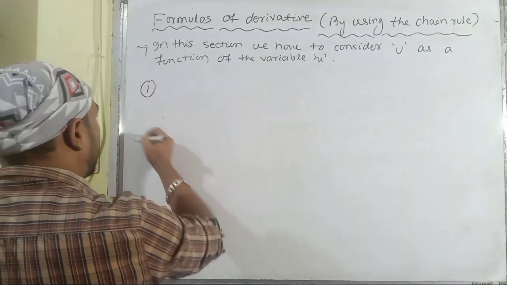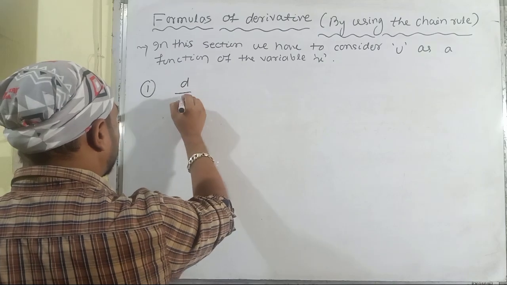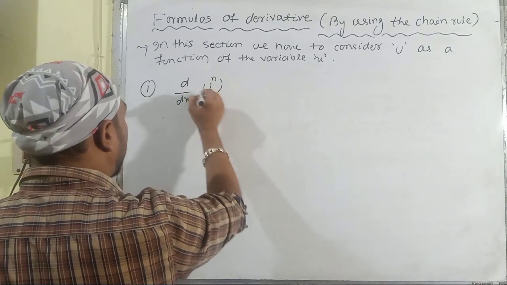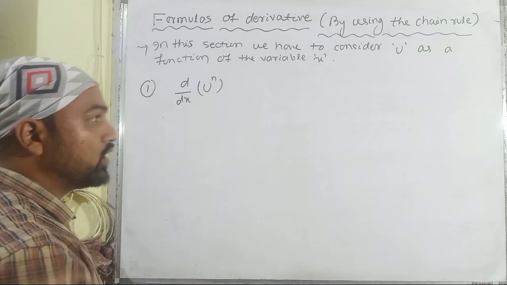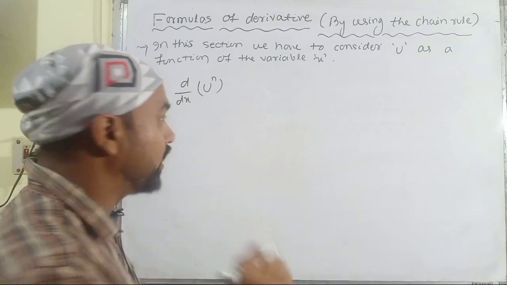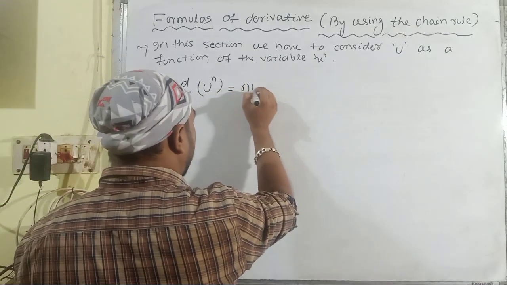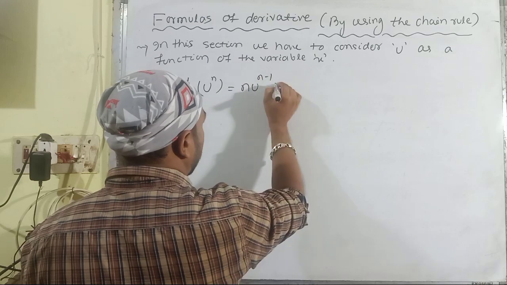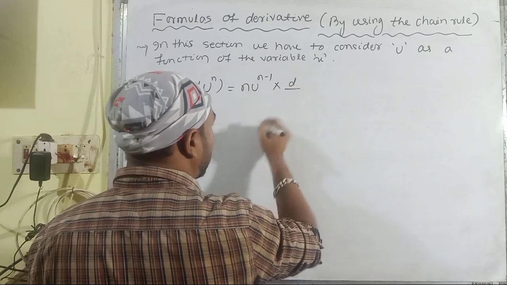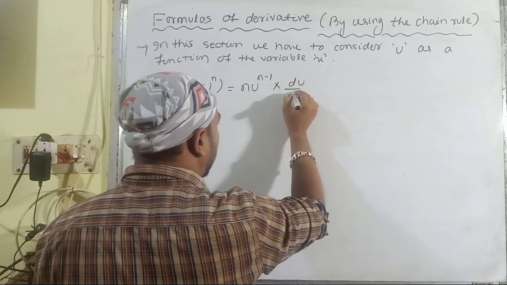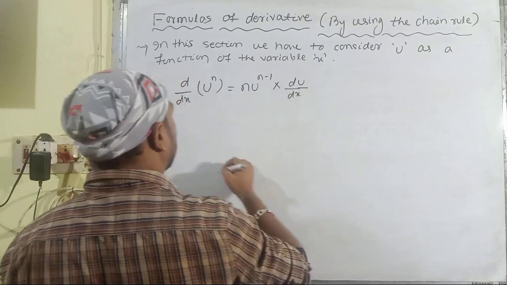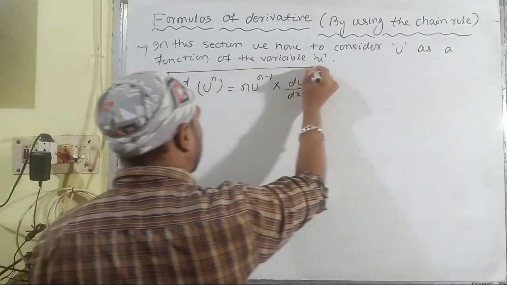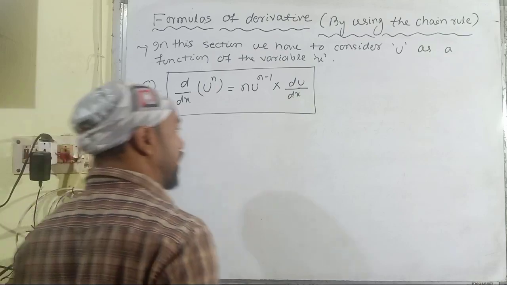The first formula is the differentiation of u to the power n, where u is a function of the variable x. Then it will be n into u to the power n minus 1, multiplied again with the differentiation of u with respect to x. This is the first basic formula.